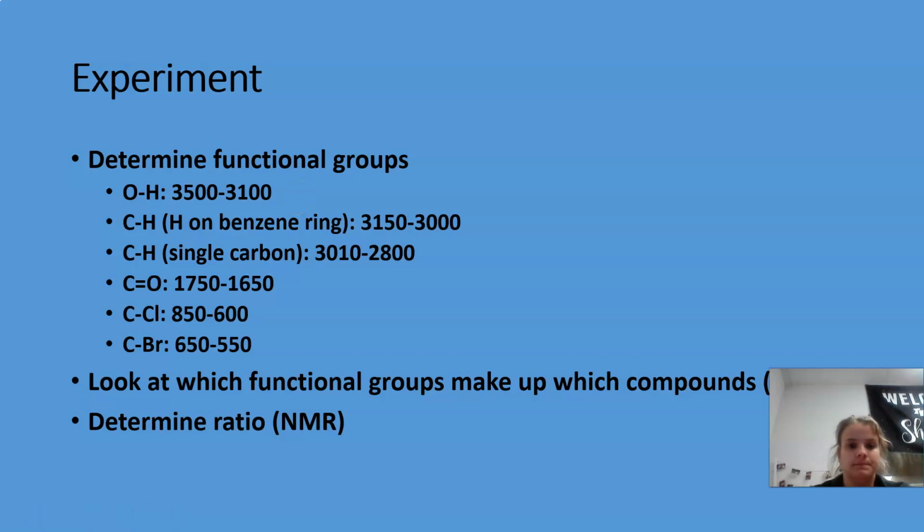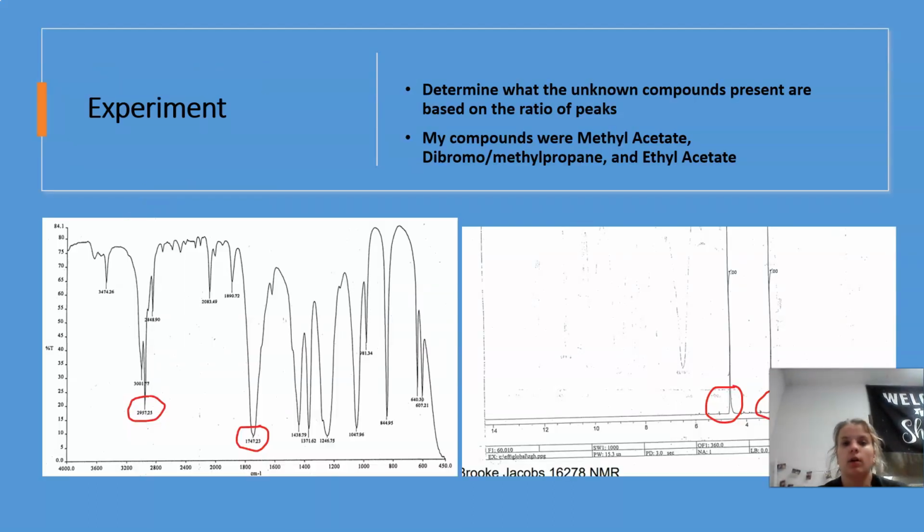If there was a peak at a number like 3,500, it would be an OH bond. Whatever functional groups are present help you determine what compound it is, and then the NMR determines the ratio. This is one example from my experiment, from my first unknown sample.